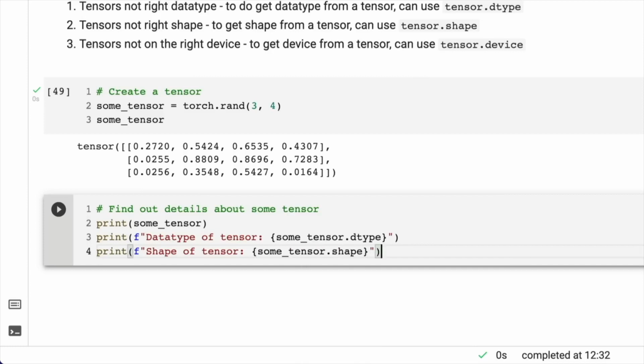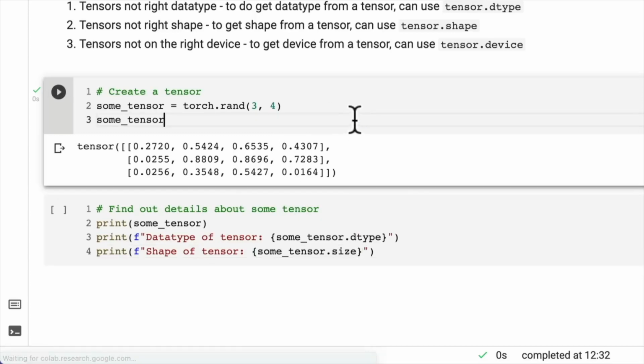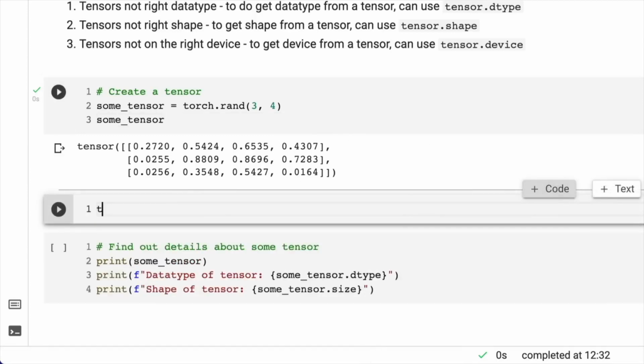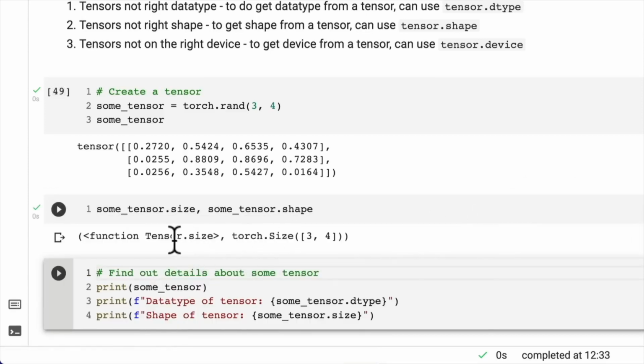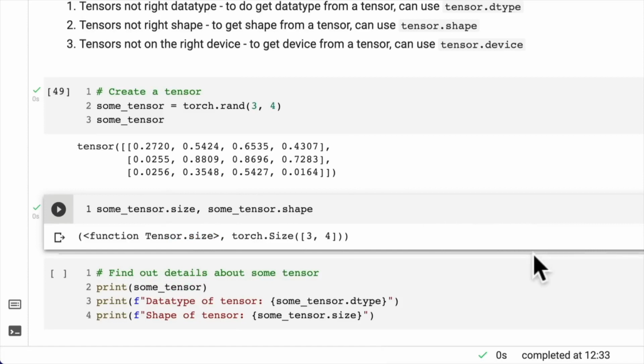I went a bit too fast, but we could also use size. Let's just confirm that actually. We'll code that out together. From my experience, some tensor dot size and some tensor dot shape result in the same thing. Is that true? Oh, that's what it is.